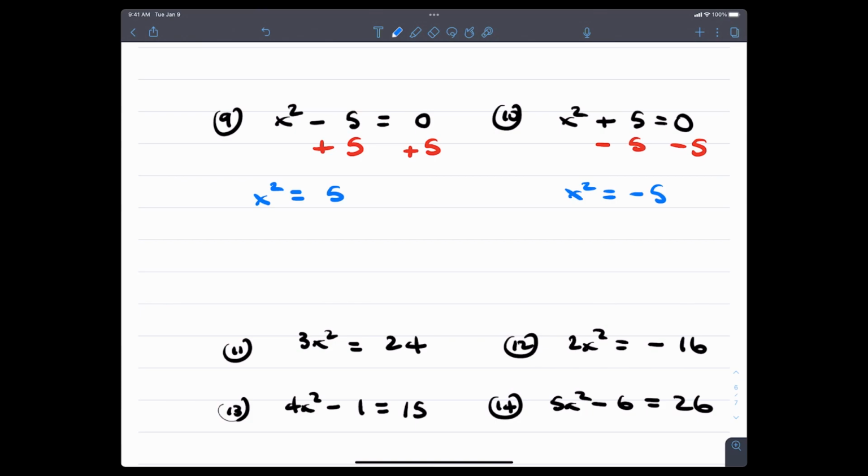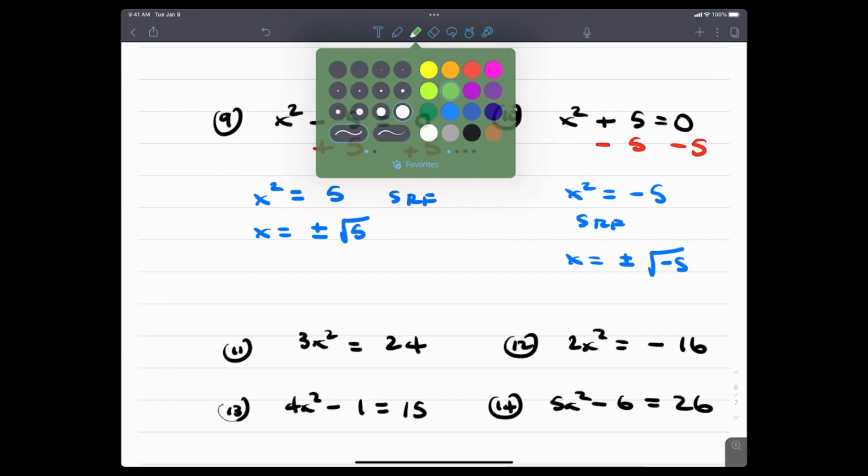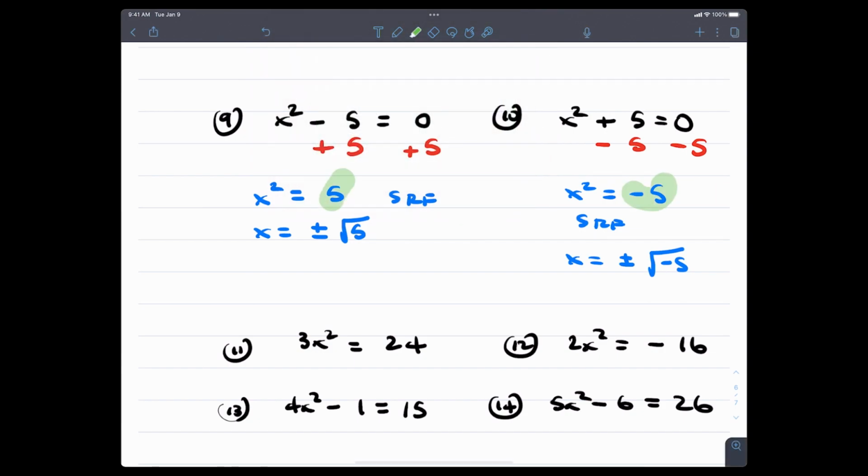All right, so in that case, what does x become here? Plus or minus square root of 5. I call this the square root formula. So I'll say use the square root formula so that you guys understand what I'm doing. x is plus or minus square root of negative 5. Is that right? Do you need this colorized here? Do you need this to be green so you see that?